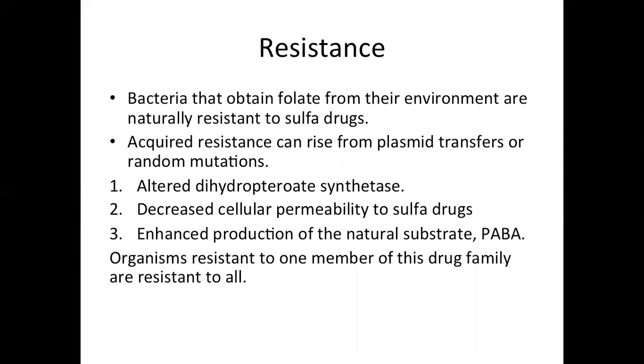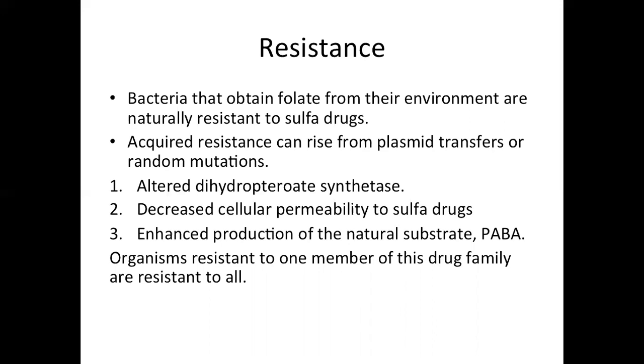But acquired resistance can arise from plasmid transfers or from random mutations, which means that when two bacterial cells join each other or attach to each other, their genetic material can be transferred between the two microorganisms through plasmids.